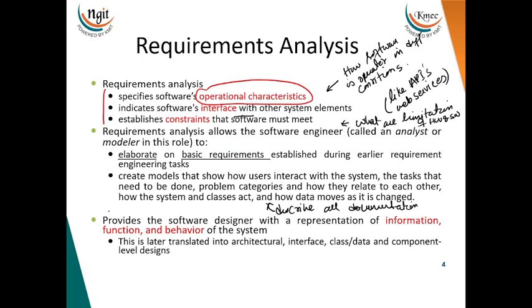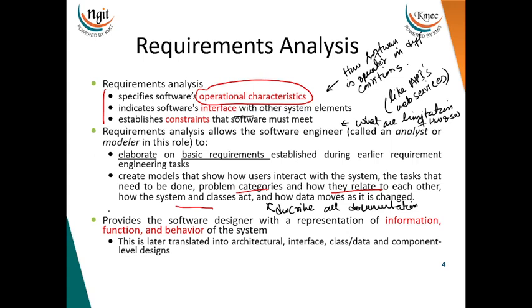It elaborates the basic requirements established during the early requirements stage. The analysis engineer elaborates the requirements taken from the initial state. It creates a model of how the user interacts with the system, the tasks needed to be done, the categorized problems and how they are related to each other, how the system classes are, and how the data moves when input is given.